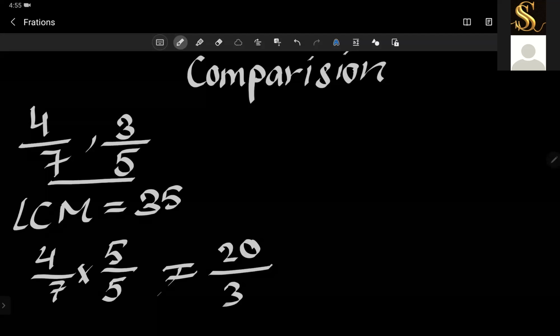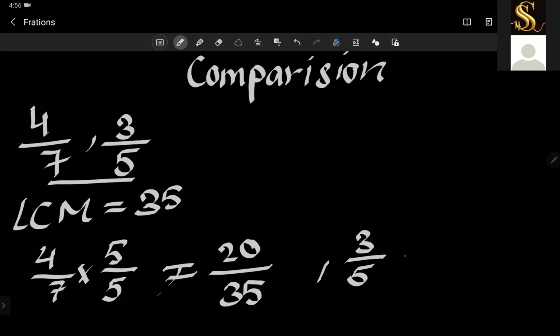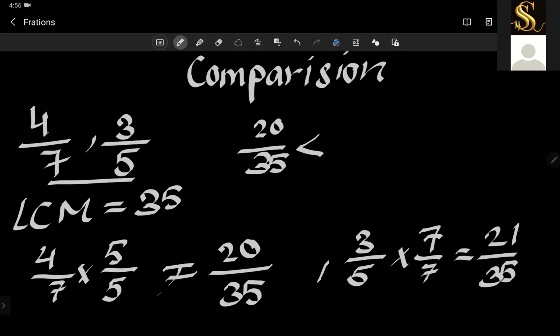And the next fraction, which is 3 upon 5, will be into 7 upon 7, which will give us 21 upon 35. So as you can see, 20 upon 35 is smaller than 21 upon 35.